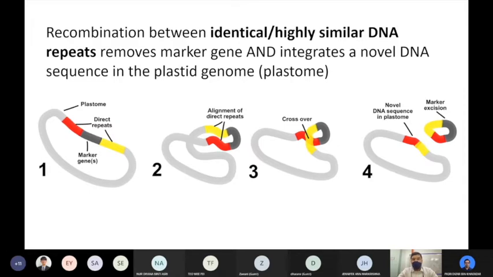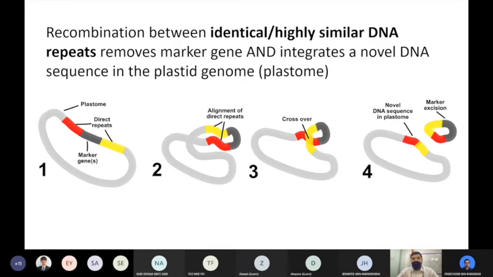What happens is the two DNA repeats will start to recombine. There's a crossover event between these two repeats, and then finally the marker gene is excised, removed from the plastid genome. What's interesting is that the DNA repeats, once they recombine, will give a new novel gene inside the plastid genome, as shown in number 4 here.